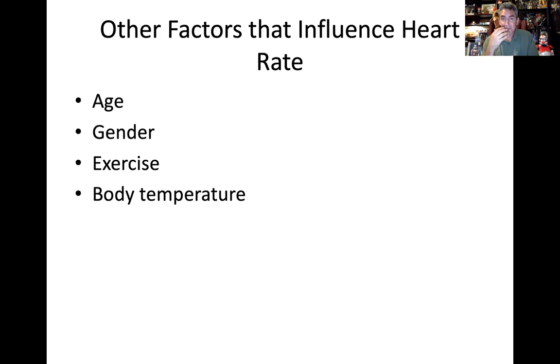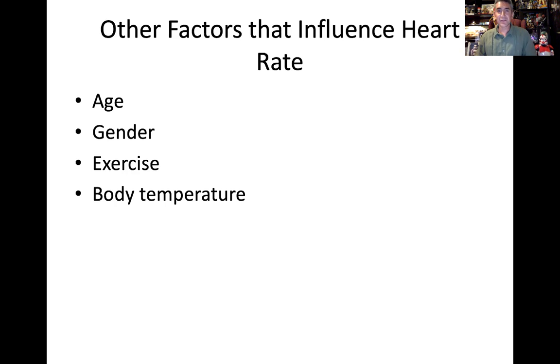What else can affect or influence heart rate? Our age. Right? If you've ever heard the little heart rate of a baby in a pregnant woman, it's not 75 beats per minute. Like, what the hell is going on in there, right? Our heart rate basically slows as we age, right? It's fastest when we're a baby.